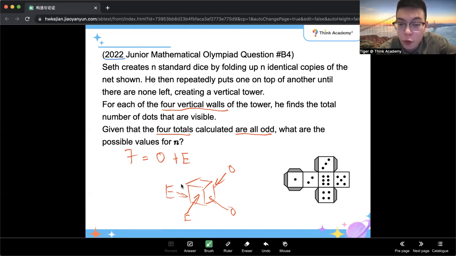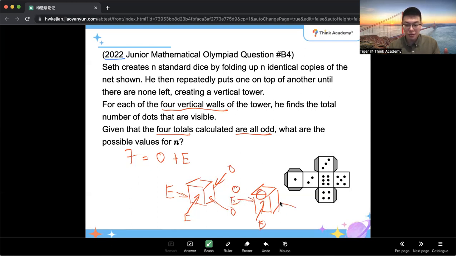Because I want the 4 totals to be all odd, right? And if I have 2 layers, of course, it means that I can do even and odd on top, even with odd on top, odd with even on top, odd with even on top, right?